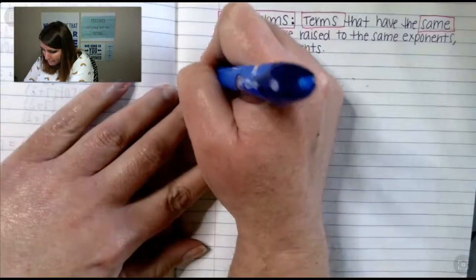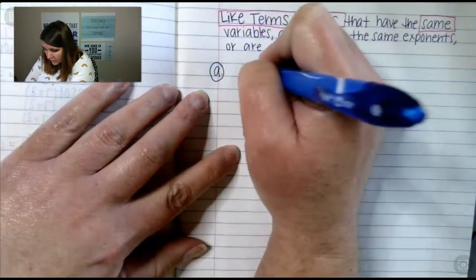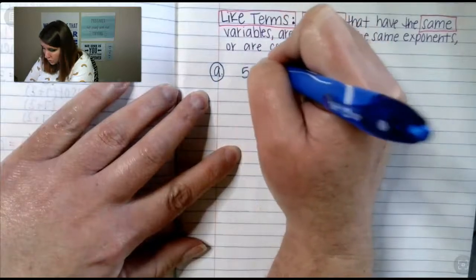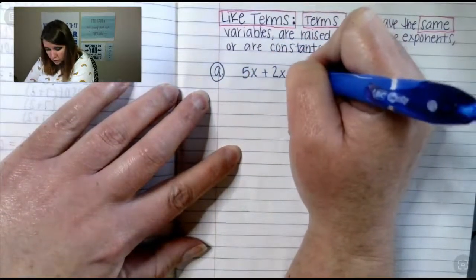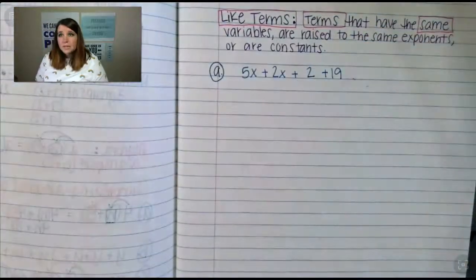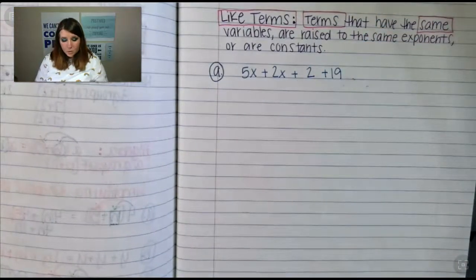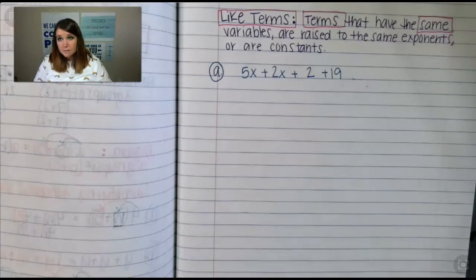Example A. If I had 5x plus 2x plus 2 plus 19, the things that are the same can go together. We would put the things that are the same in the same category.